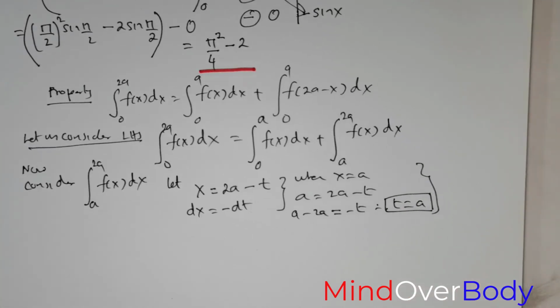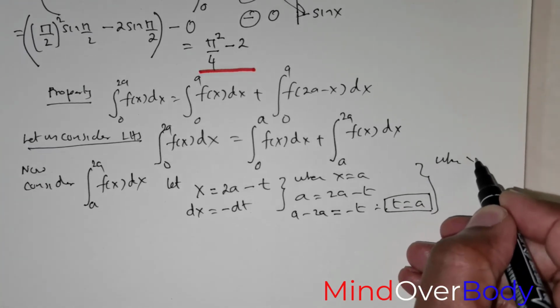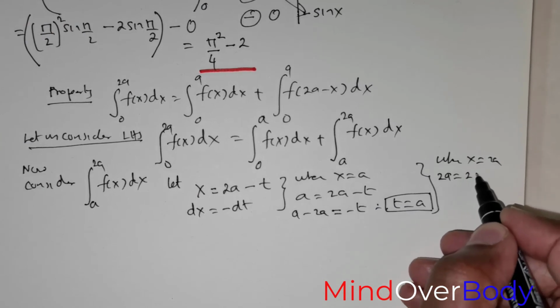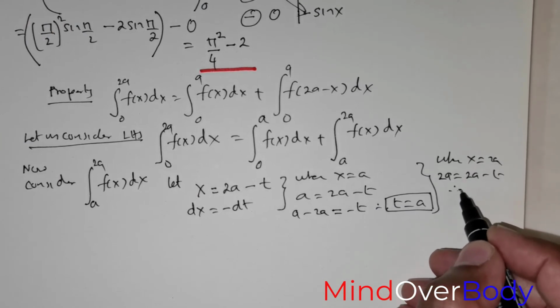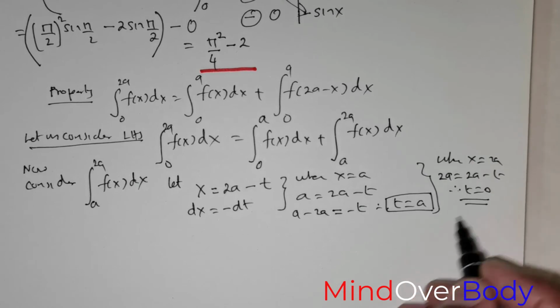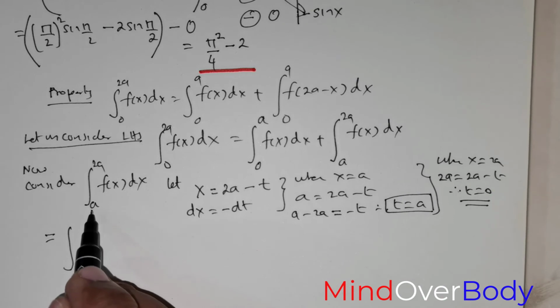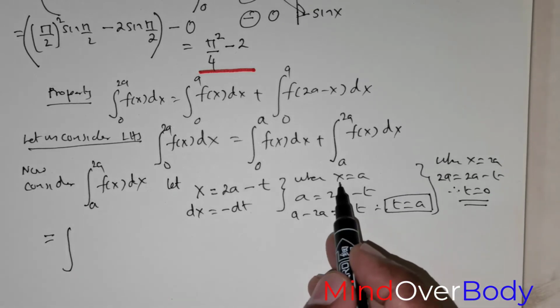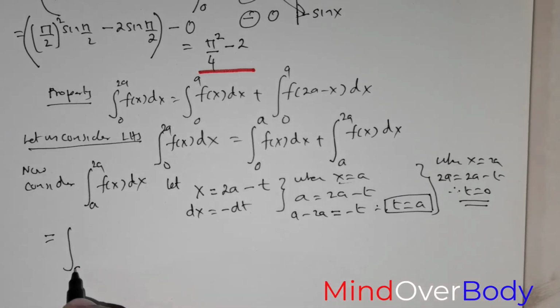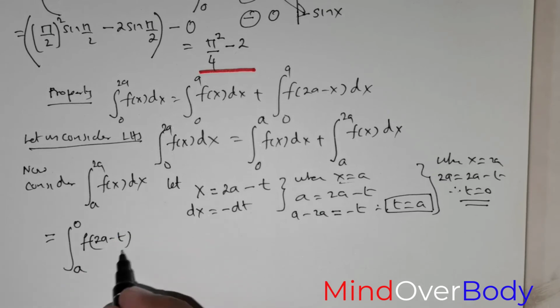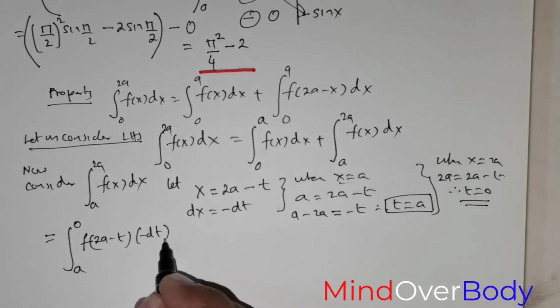And when x is equal to 2a, we get 2a is equal to 2a minus t, therefore t is equal to 0. So this can be rewritten as, in place of a, when x is equal to a, I get a. When x is equal to 2a, I get 0. In place of x, I substitute 2a minus t. In place of dx, I substitute negative dt.